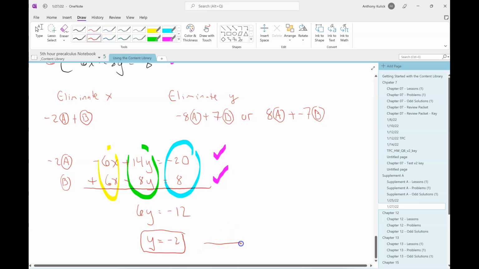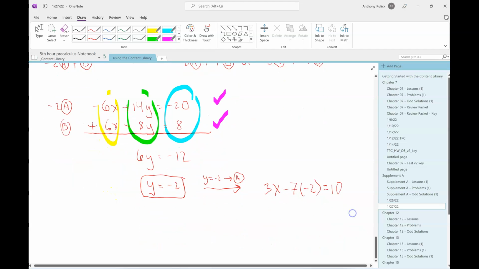So if I am going to plug y equals -2 into equation A, that's just a little notation for me to write down so I know what I did. So 3x minus 7 times -2 equals 10. Again, all I did was replace the y in equation A with -2. -7 times -2 is positive 14.